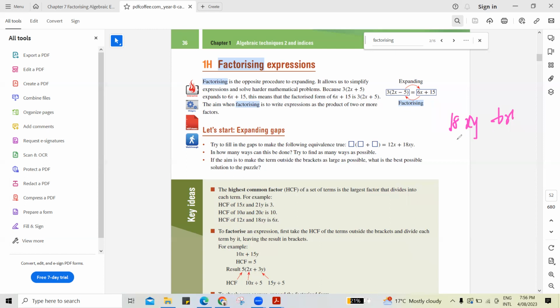And go for 6. Yes, 18 can divide by 6 and 6x can be divided. Then the highest common factor is 6. Also looking at this, they have common x. See, then you can divide by x also. Then the answer will be 6x, but y cannot. All right. Okay.